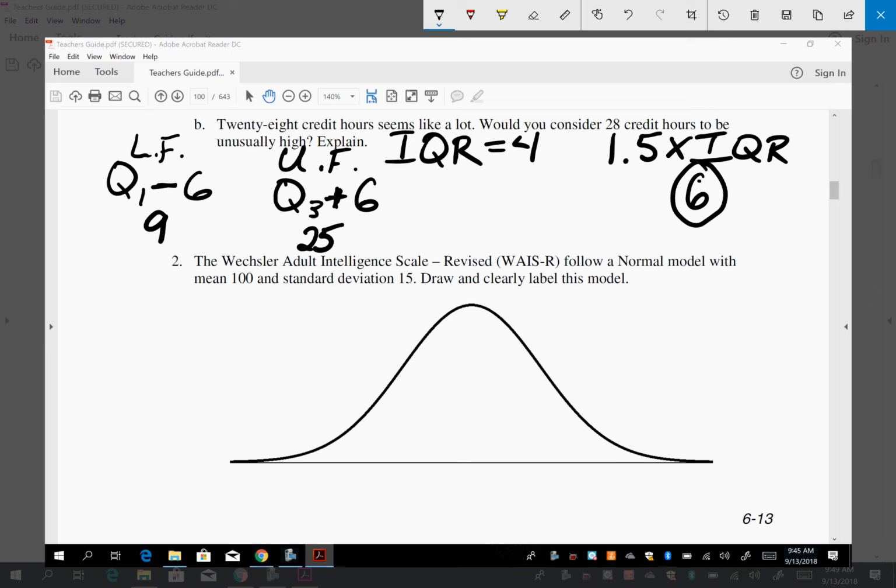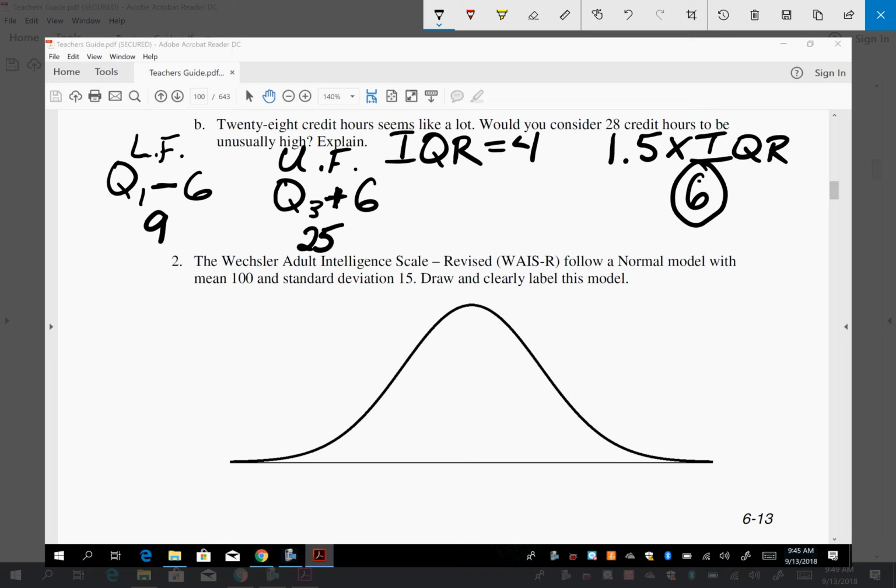What was the minimum value? Minimum value is 5. Is 5 below 9? Yes. It didn't ask us in this problem, but is there at least another outlier? There is, that student that takes 5 credit hours, because it's below 9. Now again, you'll notice I said at least. We have at least 1 in the high direction, 28. We have at least 1 in the low direction, 5.